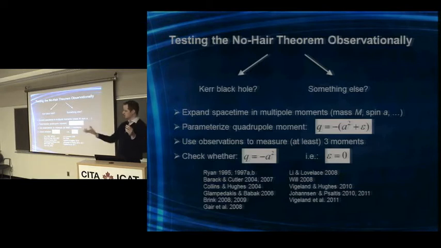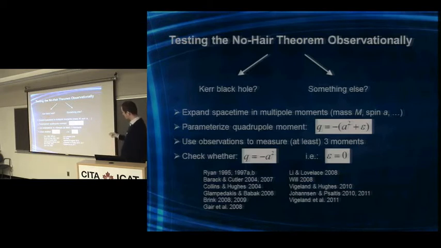Then you can expand your charge distribution in multipole moments in spherical harmonics, and you characterize the electric potential in terms of multipole moments. Turns out you can do this for a black hole as well, only in this case it's a lot more complicated, because space-time is curved. But you can do it, and it turns out that the mass is the first moment, the spin is the second, and for a Kerr black hole, that's already the entire story, because all higher order moments are completely determined in terms of those two.